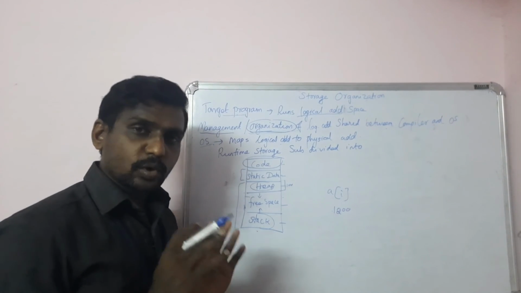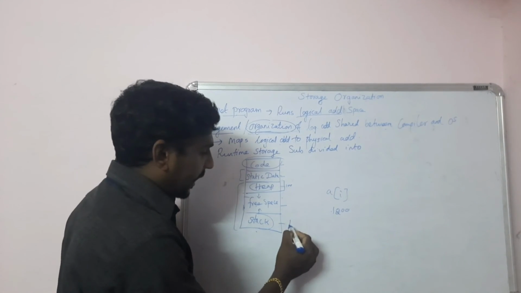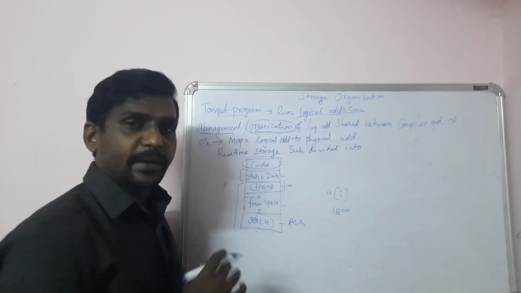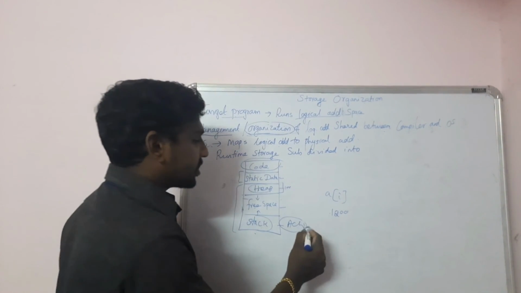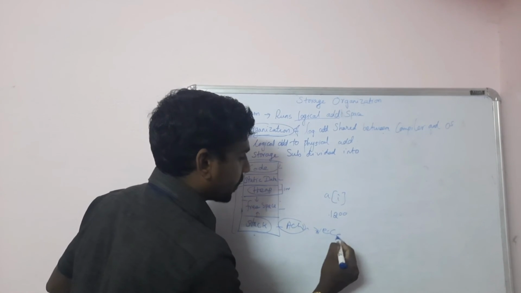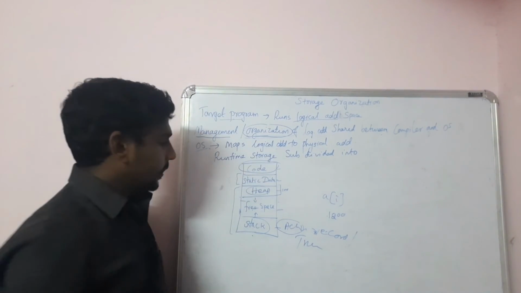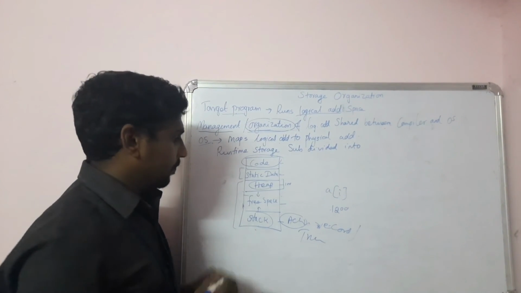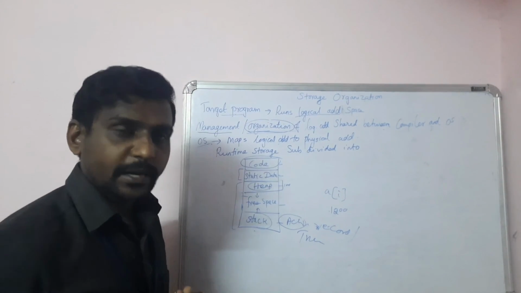And stack is also the same, but stack performs push and pop. Here activation records will be managed by the stack. I will tell you in the next class what is activation record or activation tree. So this is managed by the stack. And heap is a separate memory performing the runtime memory allocation.